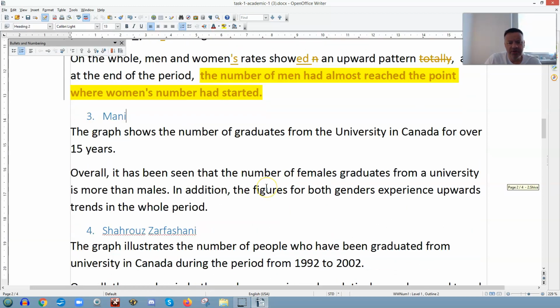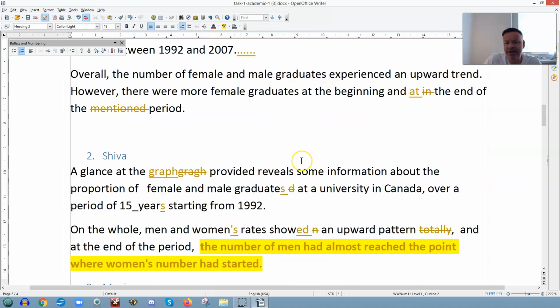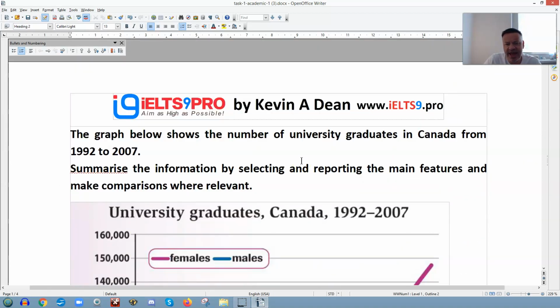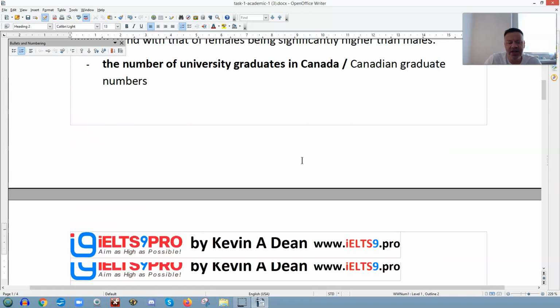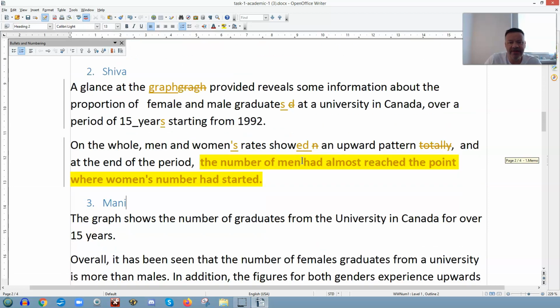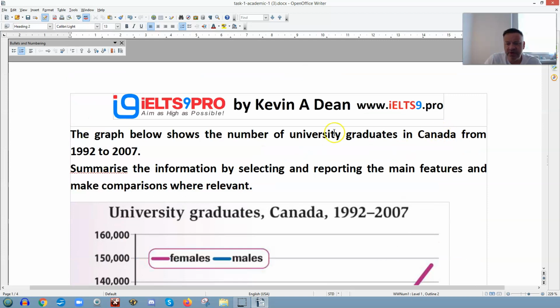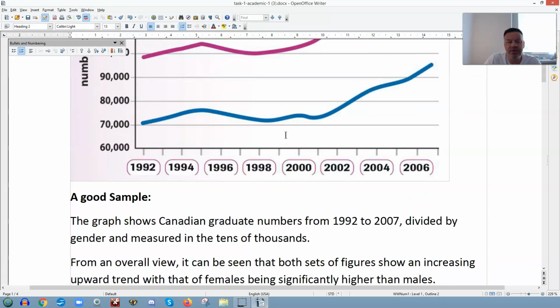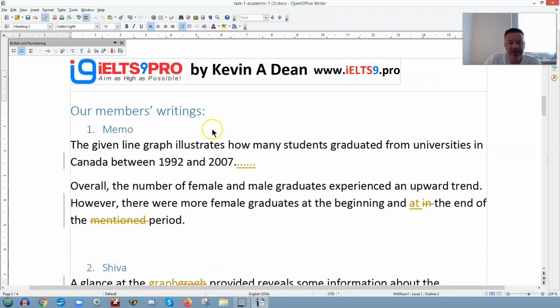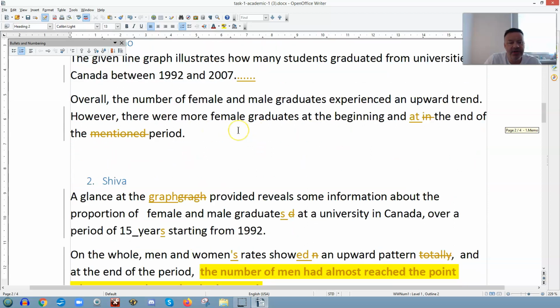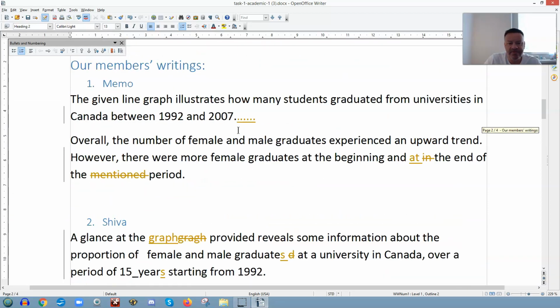The graph shows the number of graduates from, I don't think it's a particular university, I think it's university graduates in general. So it's the number of graduates in Canada. So Canadian graduate numbers, universities in Canada.